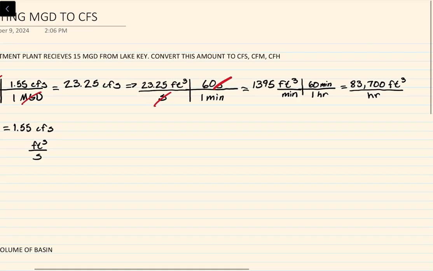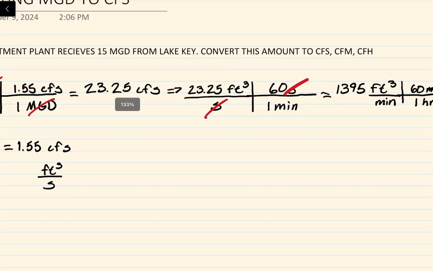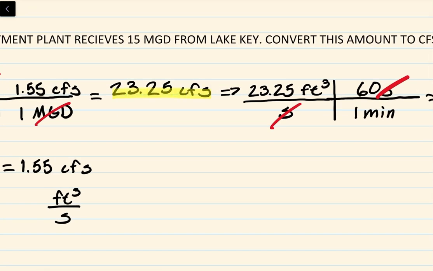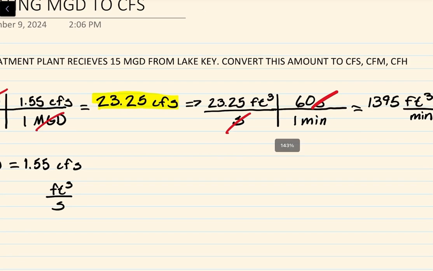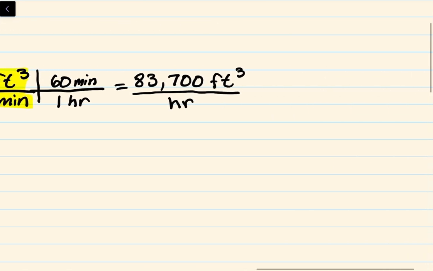Okay. So I know a common thing in engineering is making sure your numbers look right, but just doing a little bit of reasoning with your values. So let's highlight the values we got. We had got 23.25 cubic feet per second. We had got 1395 feet cubed per minute. And we had got 83,700 feet cubed per hour.